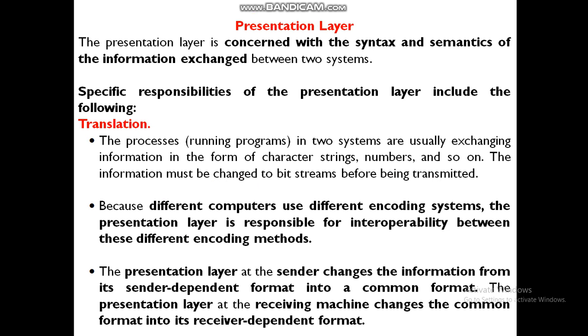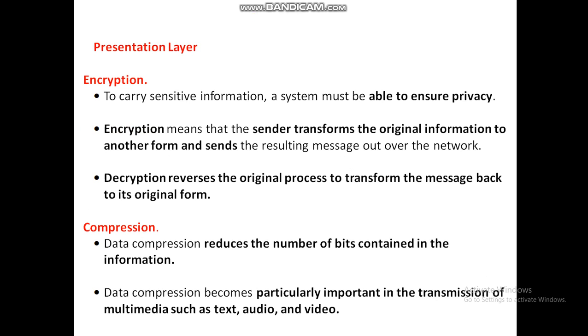So there must be an encoding system implemented between these two systems. How the data has to be represented, or presented to the user, must be understandable by both the sender and the receiver. This translation activity is performed by the presentation layer. This is the main activity of the presentation layer.